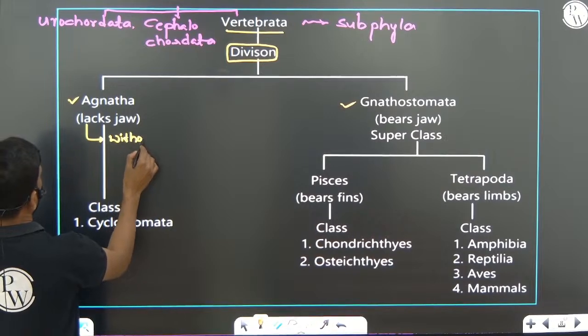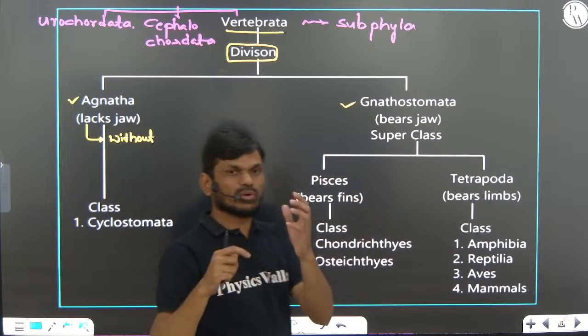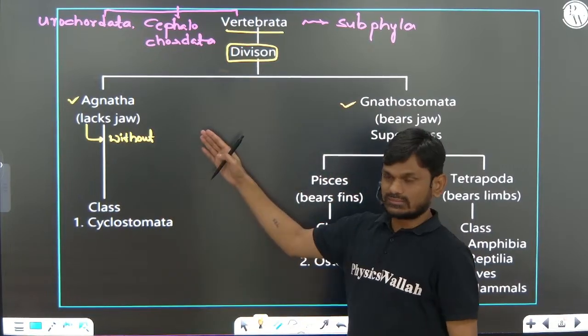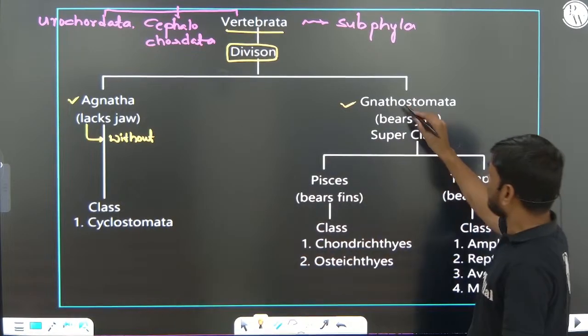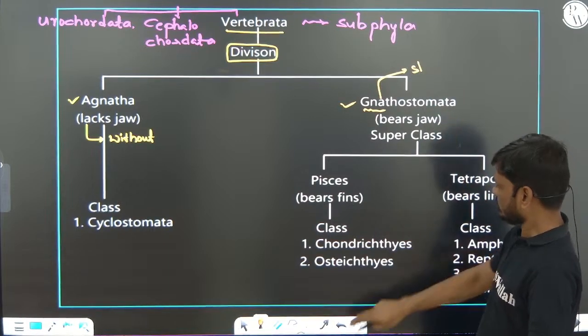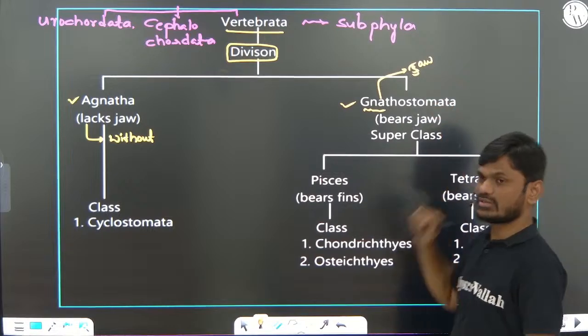Agnatha means without jaws. There is no upper jaw, there is no lower jaw. The mouth is without jaw. But Gnathos means jaws. So jaws are present here.